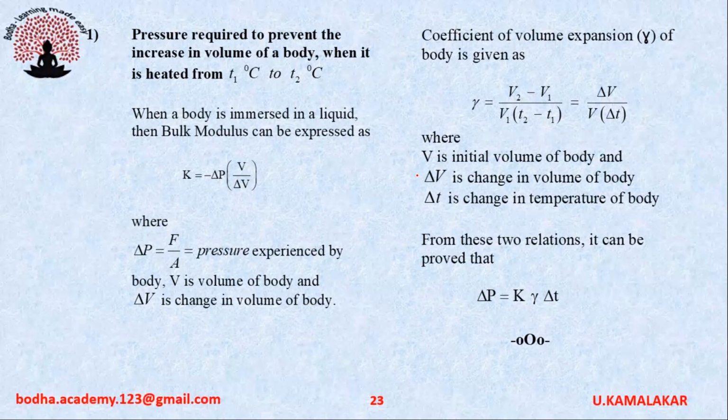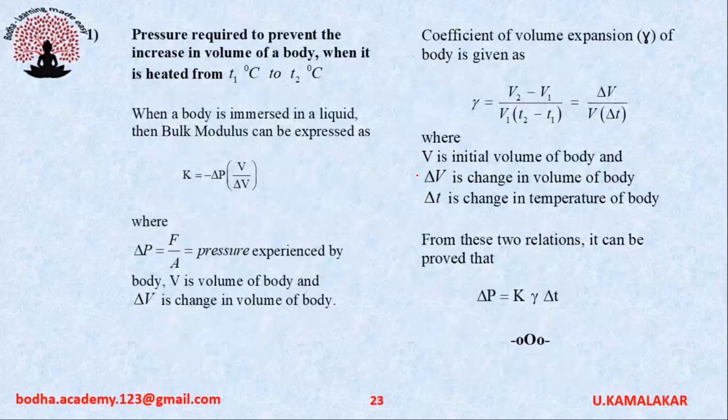Last topic. When a body is immersed in a liquid, then bulk modulus can be expressed as K is equals to minus delta P into V by delta V, where delta P is pressure experienced by body, V is volume of body, and delta V is change in volume of body.